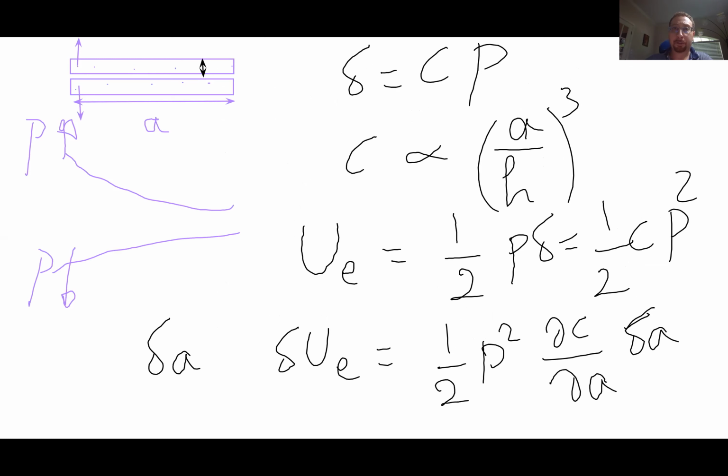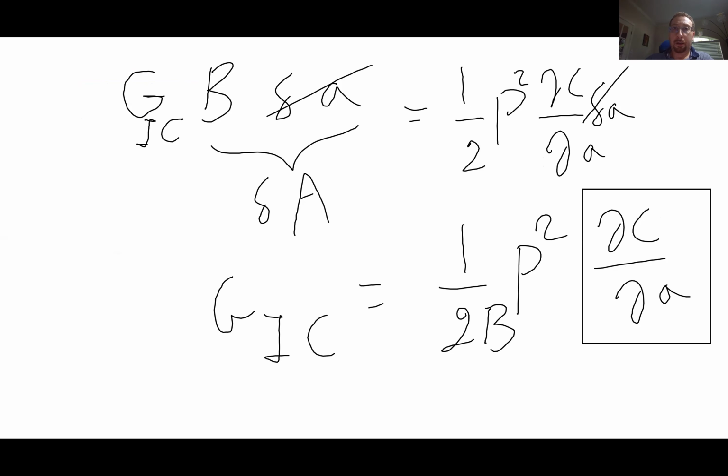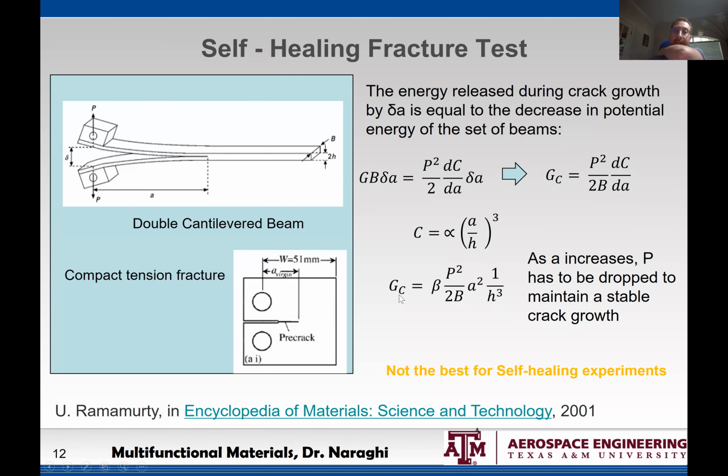Now I can go back to my slides and get some interesting conclusions. Basically, GC becomes this value where beta is the proportionality constant.